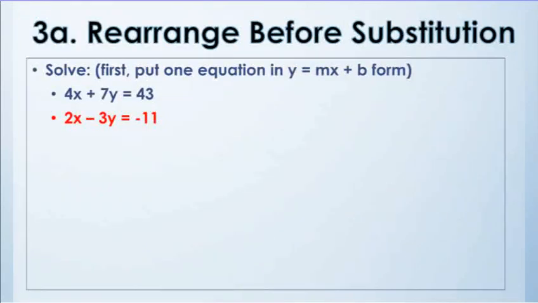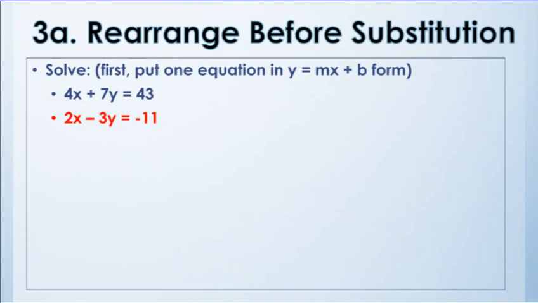So let's take a look at an example ourselves. 4x plus 7y equals 43, and 2x minus 3y equals negative 11. Now you want to put one of them either in y equals mx plus b or x equals my plus b form. I have to choose, and it doesn't matter which one. I'm just going to choose the top one.